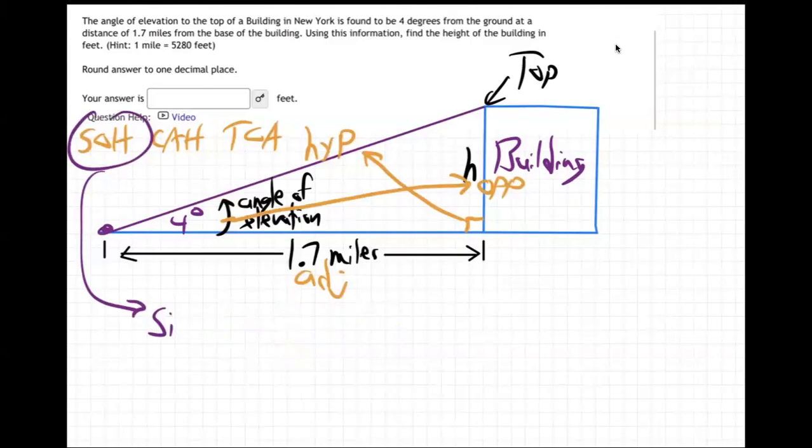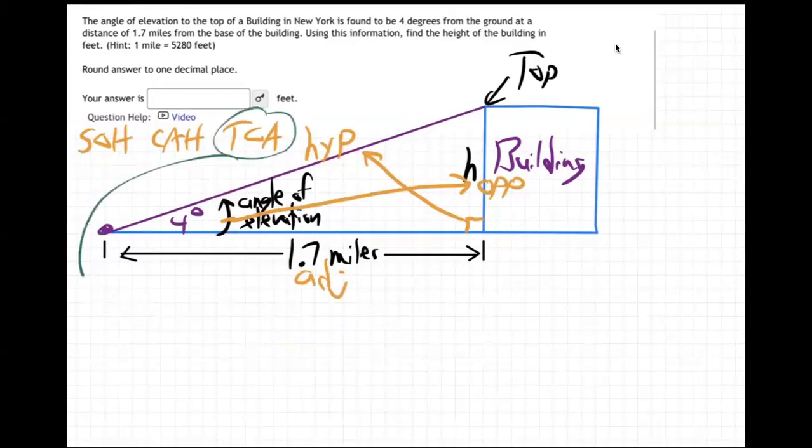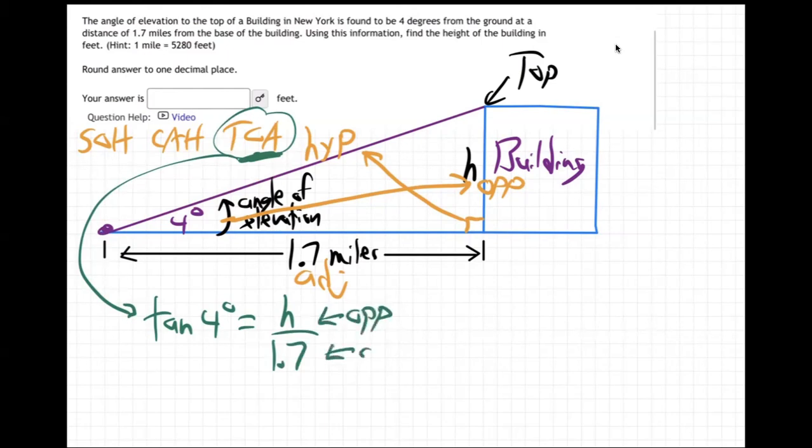This has to be tangent. All right, grab tangent, try again. Pretend that never happened. Tangent, bring it on down. Tangent is opposite over adjacent. Tangent of 4 degrees is h over 1.7. That's opposite over adjacent. There we go. Not sine. Sine has hypotenuse.